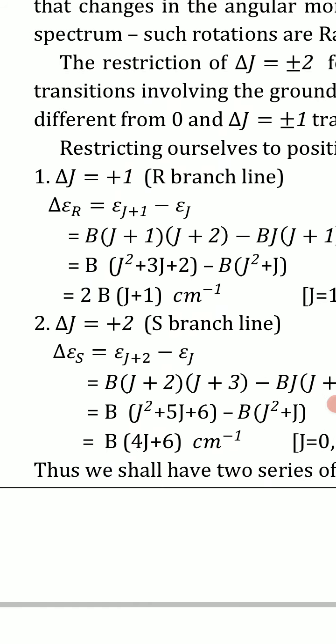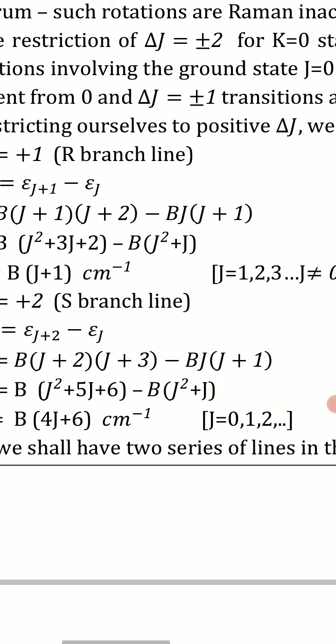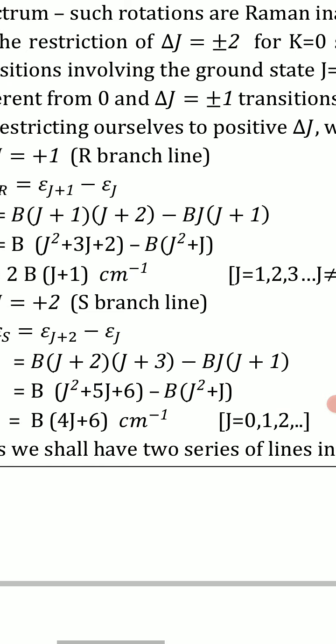Now, if we consider delta J equal to plus 1, we get R branch lines, and if we have delta J equal to plus 2, we get S branch lines. If delta J is plus 1, then delta E will be equal to E(J+1) minus E(J). The transition is from J plus 1 to J level. E(J+1) is B(J+1)(J+2), and E(J) is BJ(J+1).